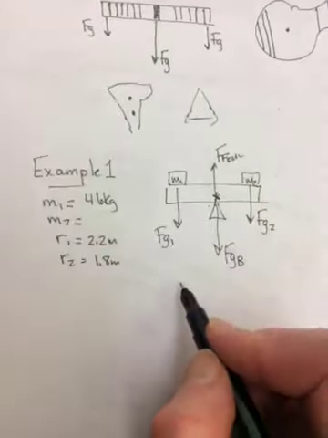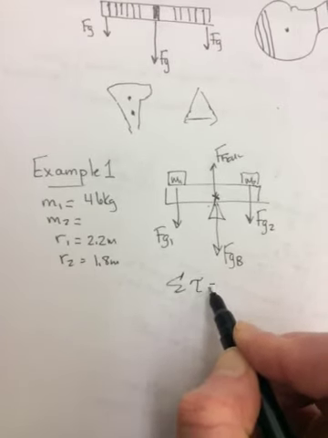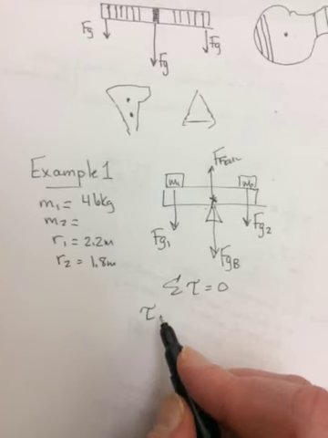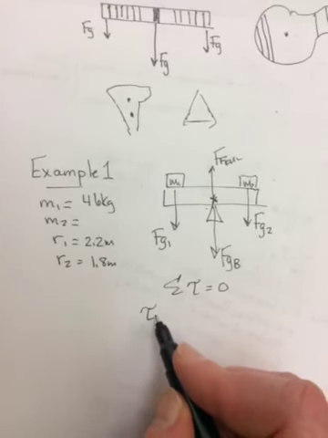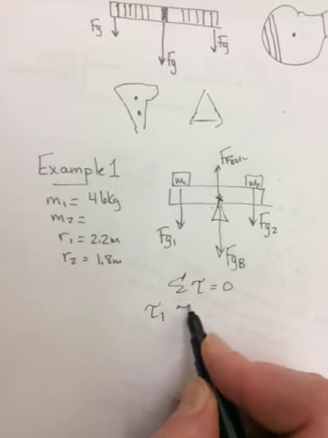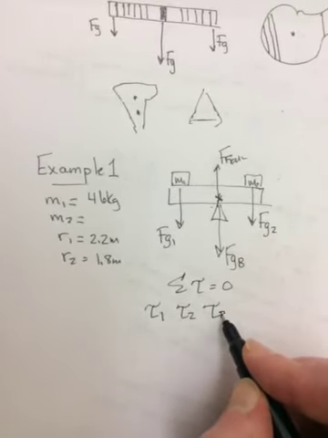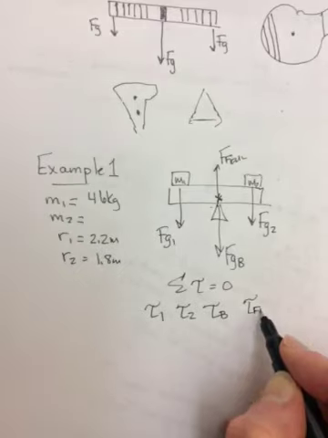If we do our sum of the torques, in theory all 4 forces could create a torque: the torque from kid 1, the torque from kid 2, the torque from the board, and the torque from the fulcrum.